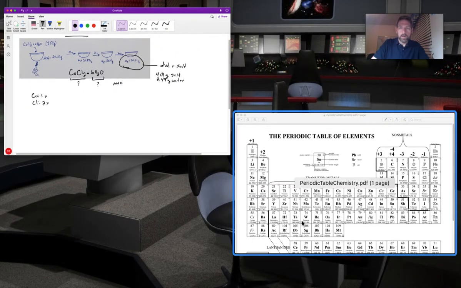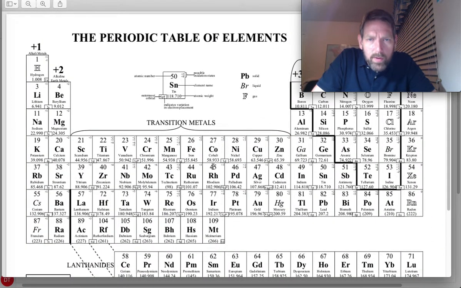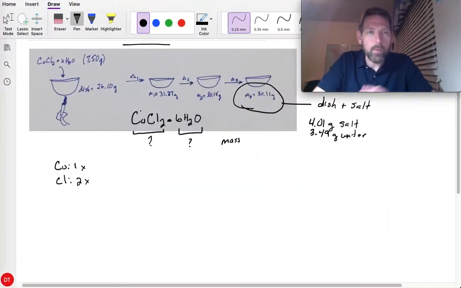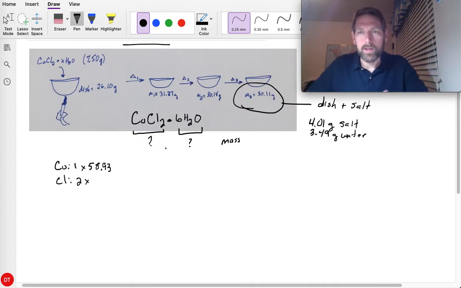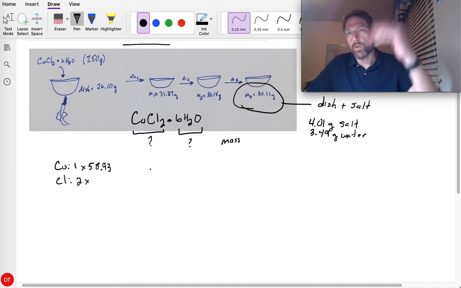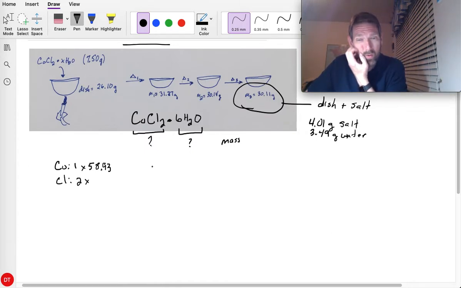Cobalt is 58.93, so we'll use 58.93, and chloride is 35.45. Let's go back to our whiteboard. Here is 58.93. I could write AMUs; typically we know the units cancel out, but so that we're in the good habit, let's put AMUs.